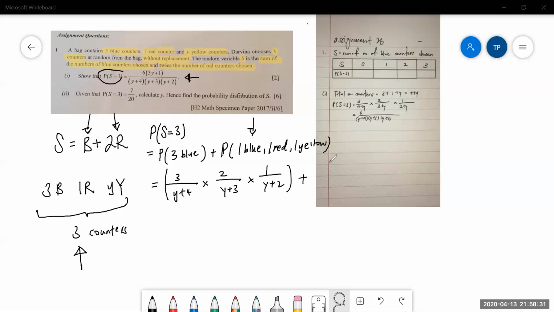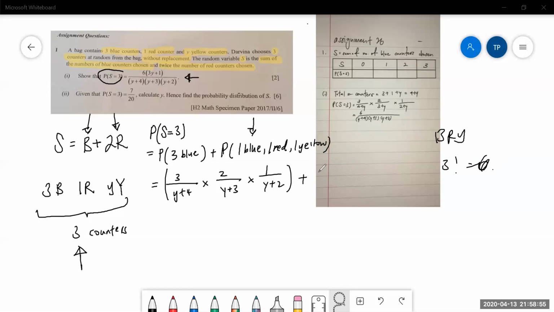Because it's without replacement. Previously we did another question from your tutorial, it was also like that. It still adds up to give us the same probability. So it's blue, red, yellow, so 3 factorial, which is equal to 6. We just need to times 6.